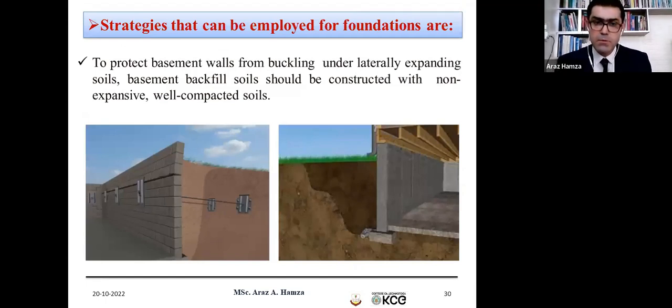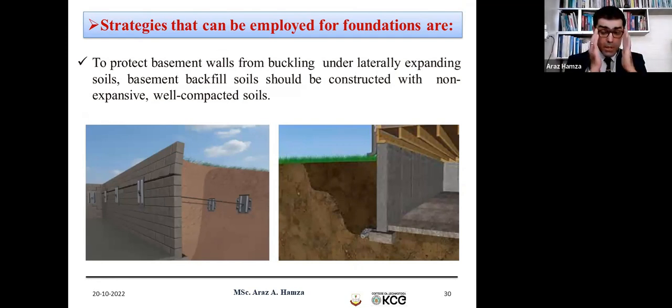Another strategy is for the basement wall, because expansive soil can affect every structure. It has soil pressure in both directions, vertical and horizontal.